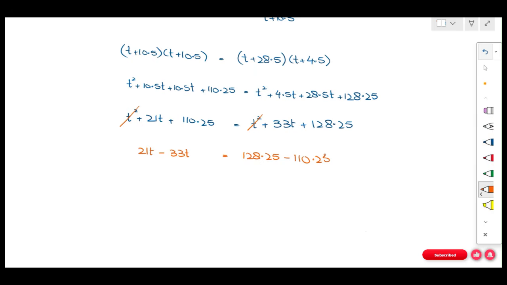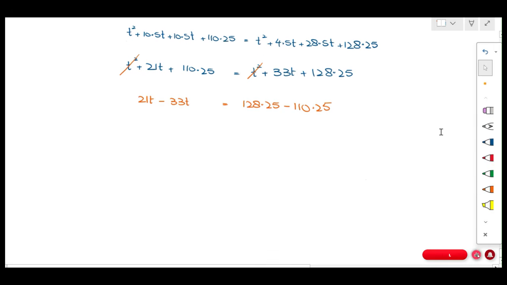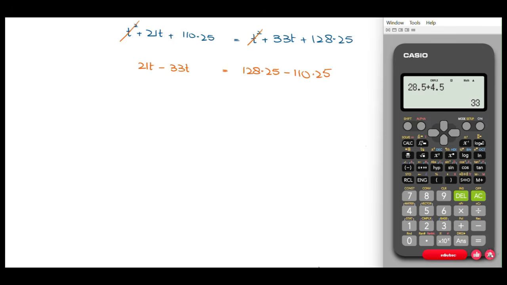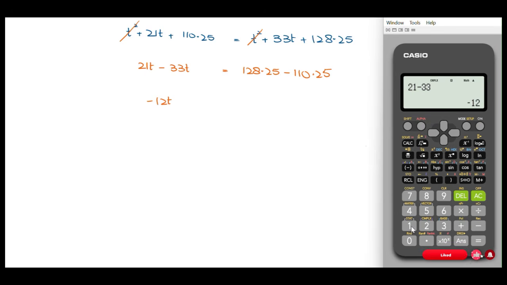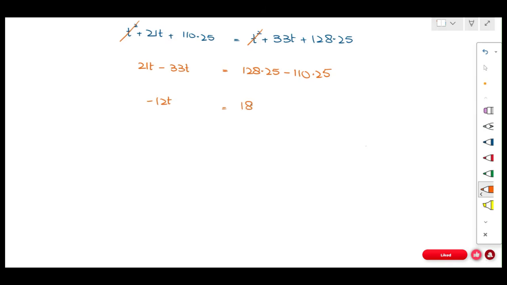Let me simplify this. 21 take away 33 is negative 12t, and 128.25 take away 110.25 is 18. So t equals 18 divided by negative 12.